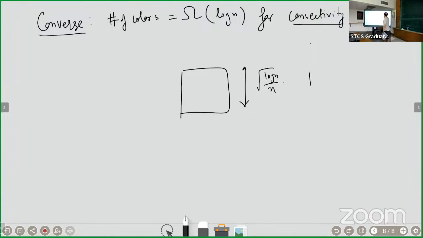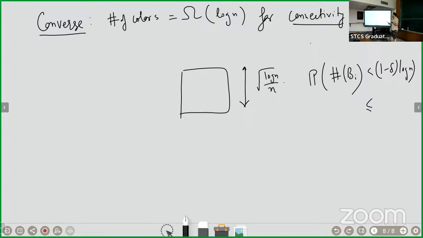And with the Chernoff bound, the probability that the number of points is less than (1 minus delta) log n is small.